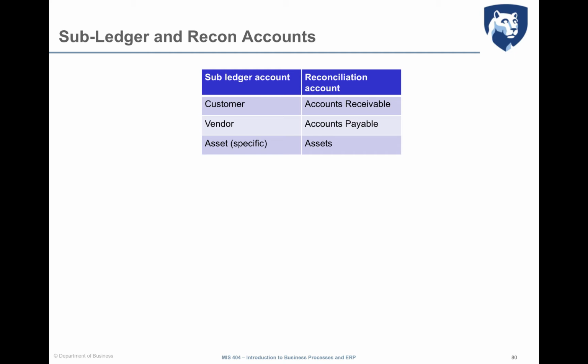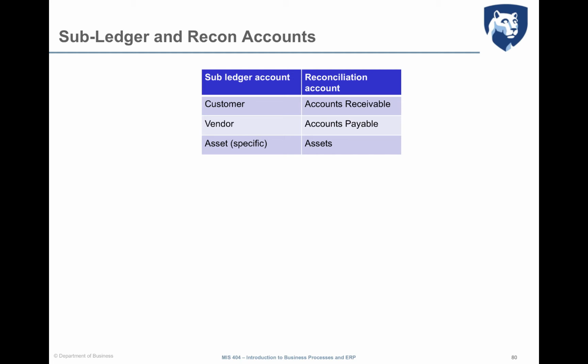Then, another critical concept, and I'd like to spend some more time on this, is the concept of subledger and reconciliation account. Because in a company, some financial data are not directly maintained in the general ledger. For example, customer accounts, which track the amounts that customers owe and the payments they have made to the company, are maintained separately for each customer.